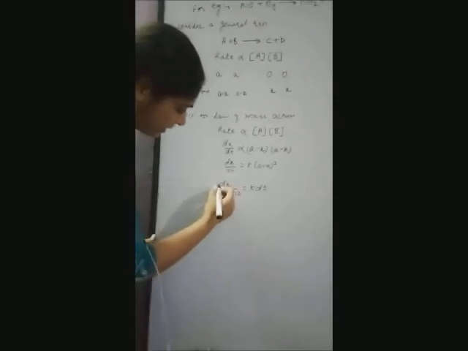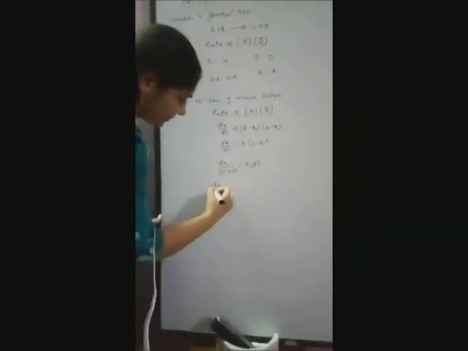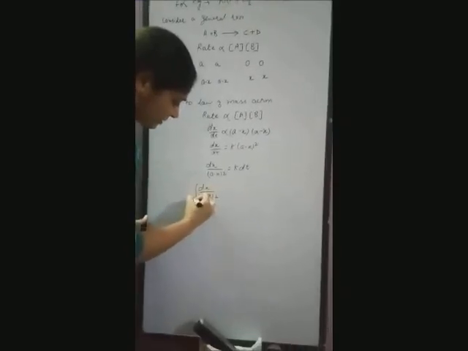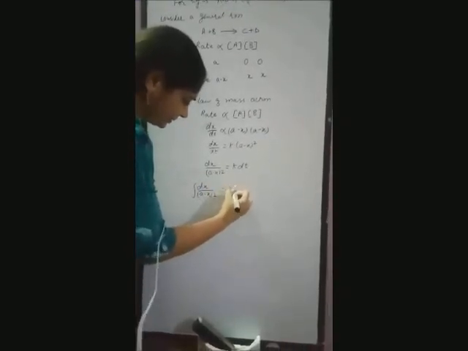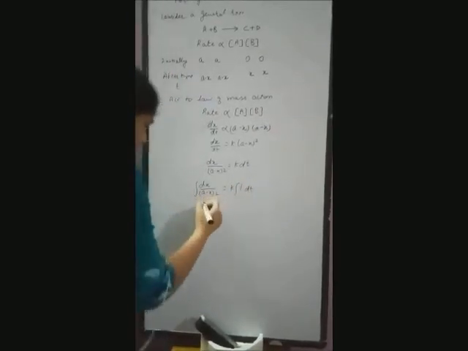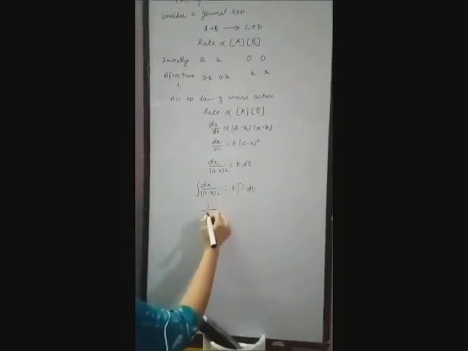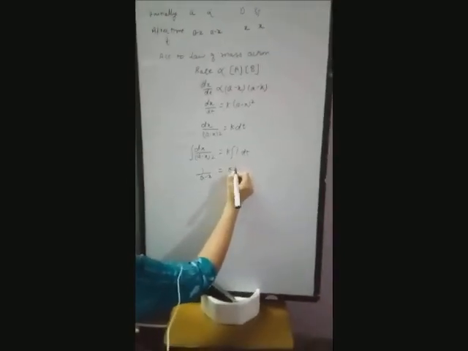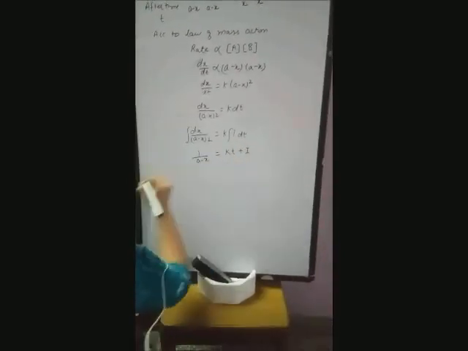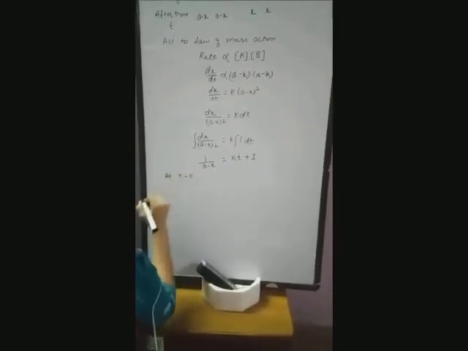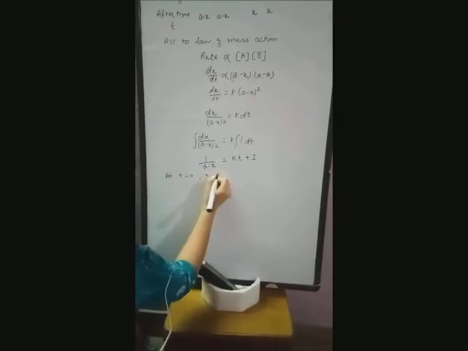Integrating the equation, we get 1 upon A minus X is equal to K dt plus I. At t is equal to 0, X is also 0.